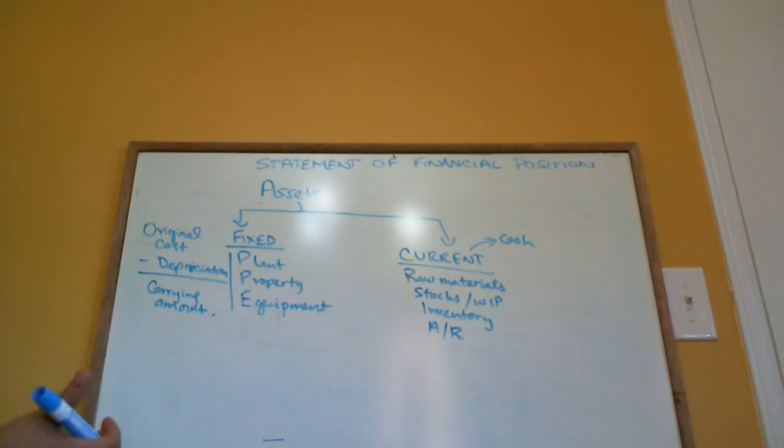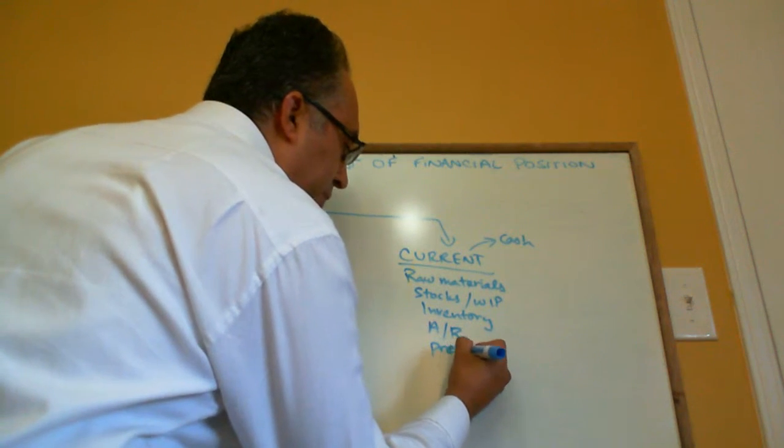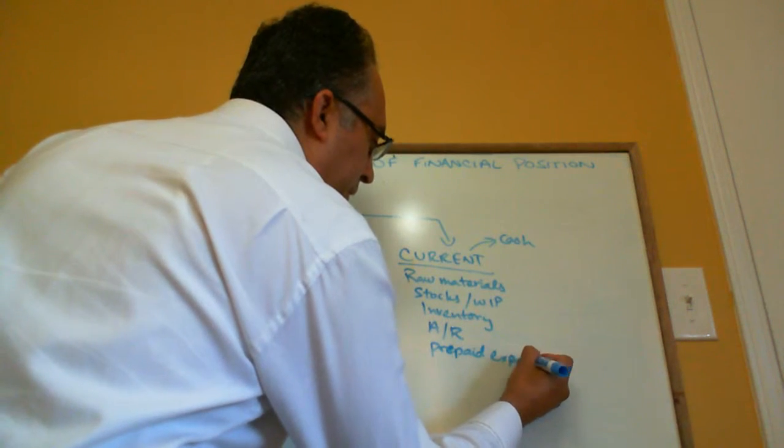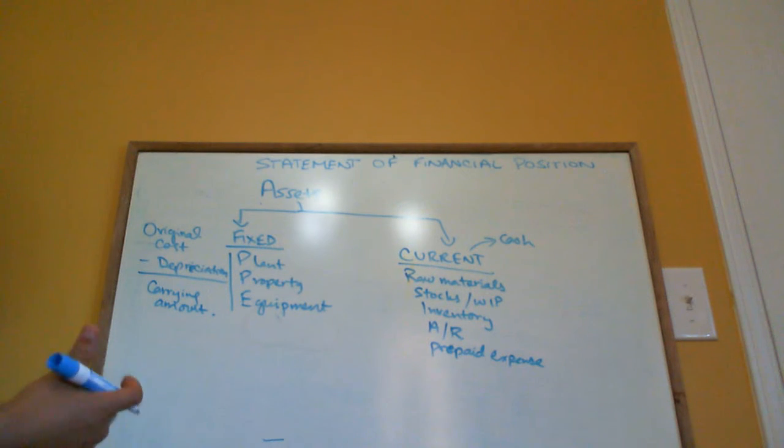That is also a current asset for us. Prepaid expenses are any expenses that the company has paid out in advance, for example rent and insurance policies which you've prepaid. These all come under current assets for the company.